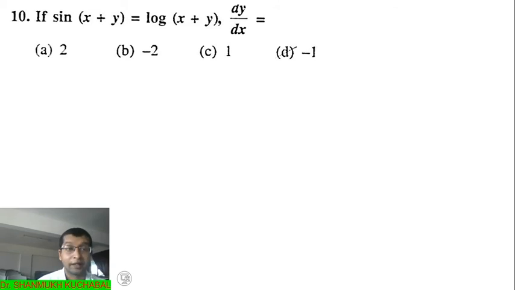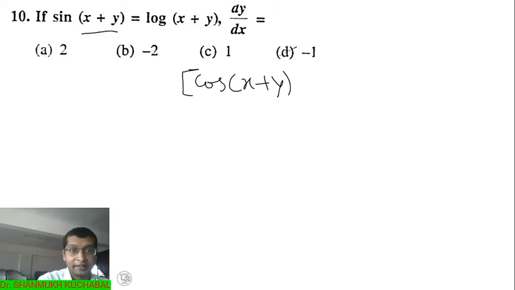Now example number 10. If sine of x plus y equals log of x plus y, then dy by dx equals? Further, differentiation of sine is cos of x plus y, into the differentiation of x plus y. On both sides it is common, so we write it as common.